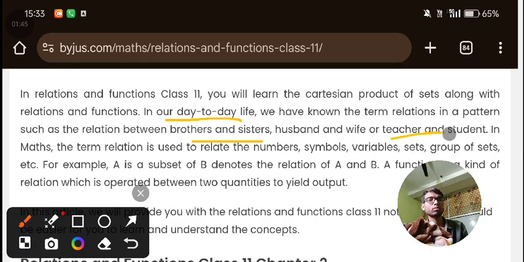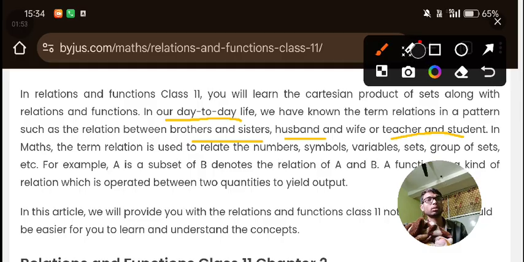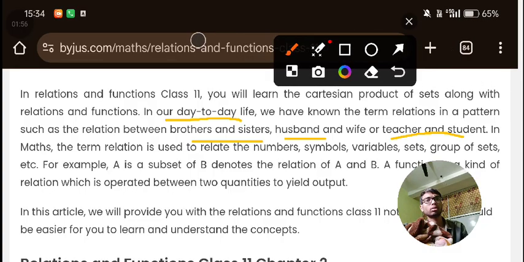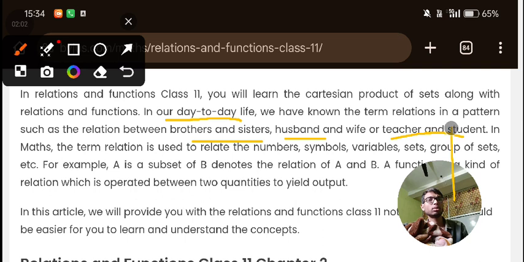Same in math. You will realize, in math the term relation is used to relate numbers, symbols, variables, sets, groups of sets, etc. We will relate this with the other.